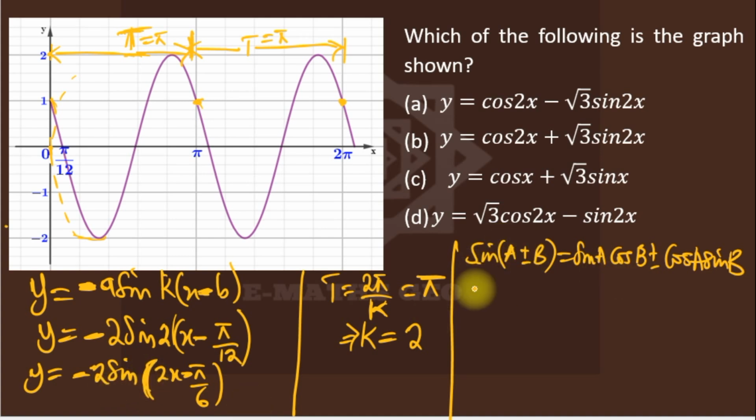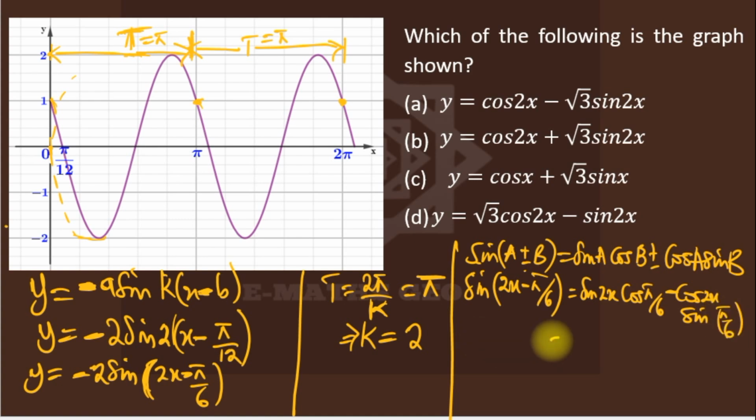So we'll check sine 2x minus pi over 6. So now A is 2x and B is pi over 6. We have minus here, so we use minus. So plus for plus, minus for minus. Cos 2x sine pi over 6.